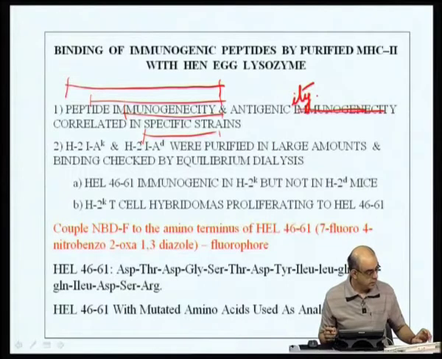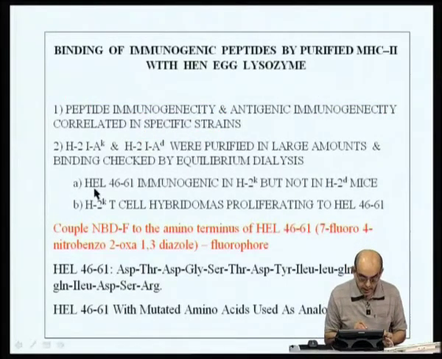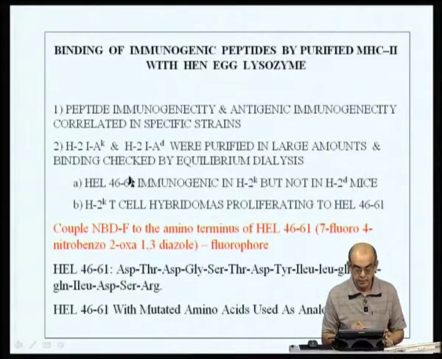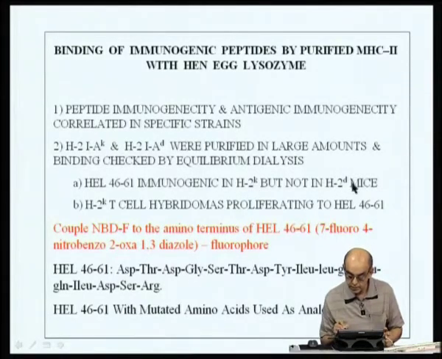They found that the hen egg lysozyme fragment 46 to 61 turned out to be both immunogenic and antigenic in H2K strains of mice, but not in H2D strains of mice.